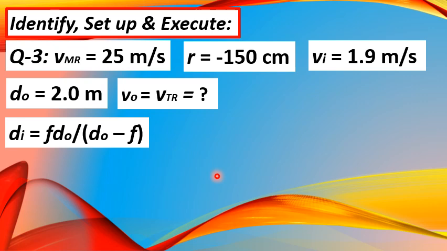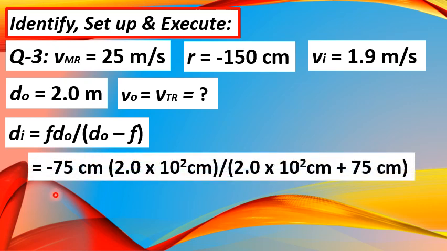And substituting the given quantities, we get negative 75 centimeters, which is the focal length of the convex mirror, multiplied by the object distance, which is 2.0 times 10 to the second power centimeters. And then divide this by that object distance, 2.0 times 10 to the second power centimeters, minus the focal length, which is negative 75 centimeters.